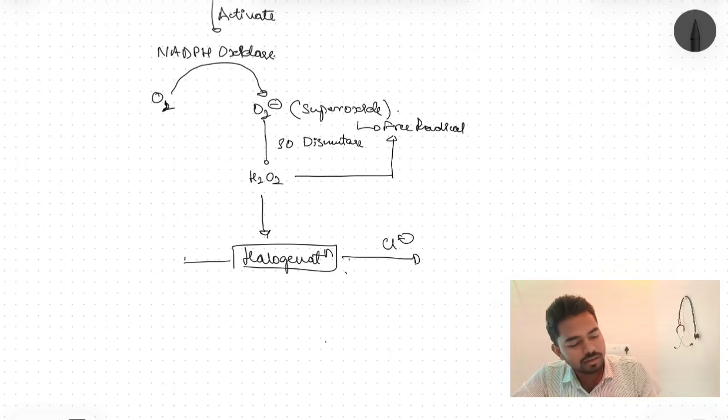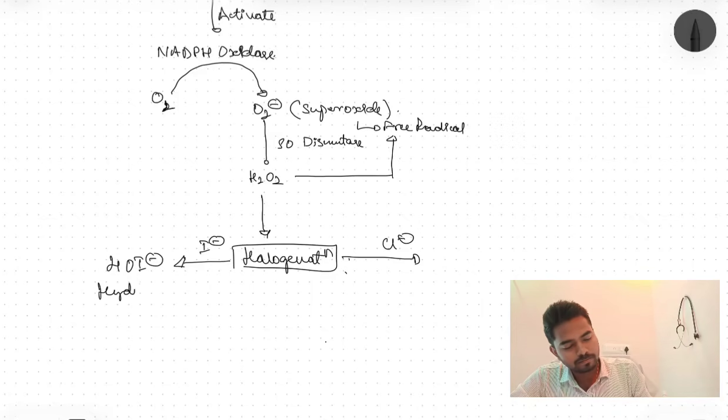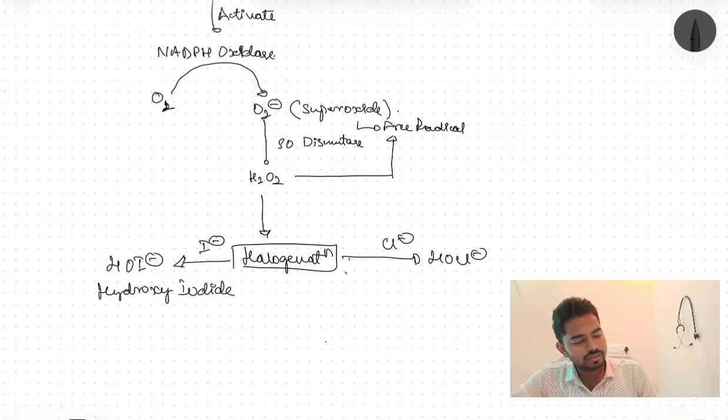One side is chloride halogenation, the other side is iodide. H2O2 on halogenation will form HOI-, hydroxyl iodide, and HOCl-, hypochlorite.